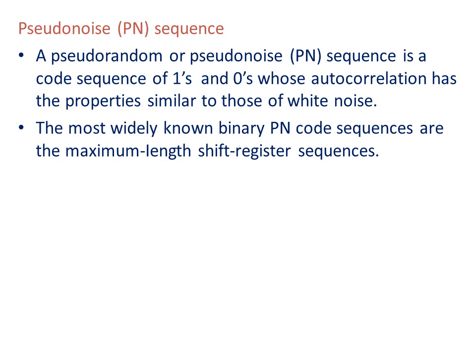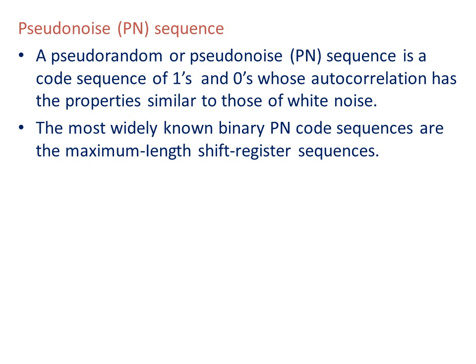The first topic is introduction to pseudonoise or PN sequence, or what exactly a pseudorandom or pseudonoise sequence is. A pseudorandom or pseudonoise, that is PN, sequence is a code sequence of ones and zeros whose autocorrelation has properties similar to those of white noise. A pseudonoise signal is not actually a noise signal.